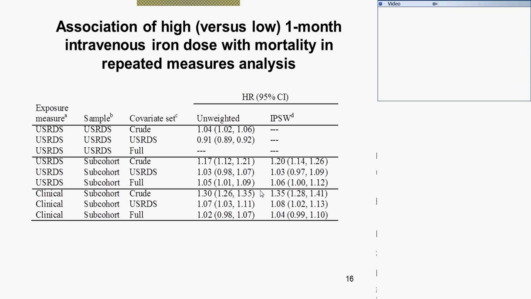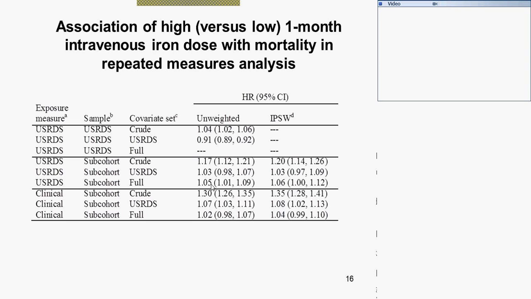When we use these selection weights, we don't really see any meaningful change in the estimates. The confidence interval is a little bit wider, which is not surprising. But basically, there doesn't appear to be much effect on the estimates using these selection weights.